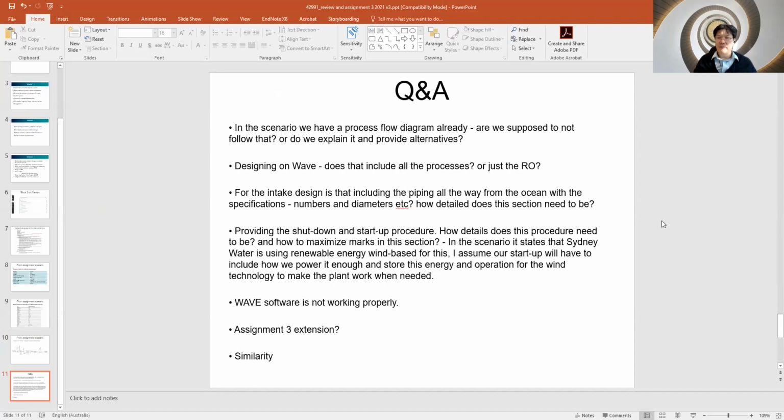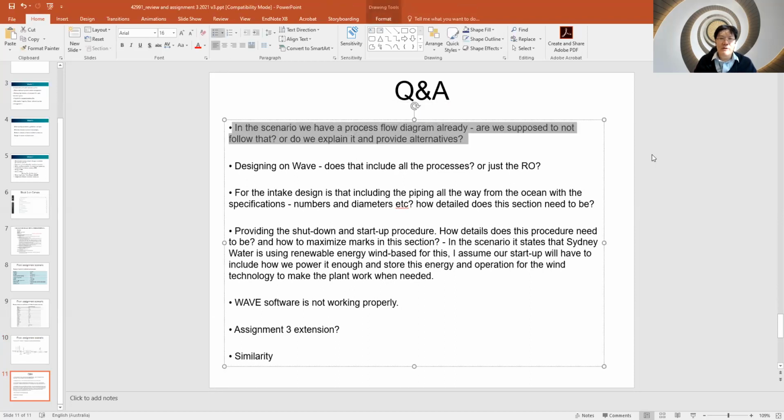You can finalize. Also, I got several questions over the last couple of days. Some students asked me, in the scenario, we have a process flow diagram already. So are we supposed to not follow that, or do we explain it or provide alternatives?